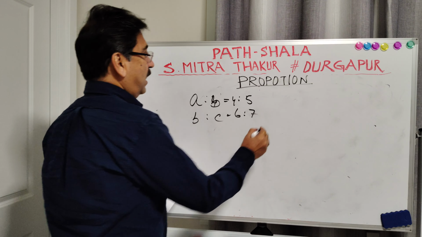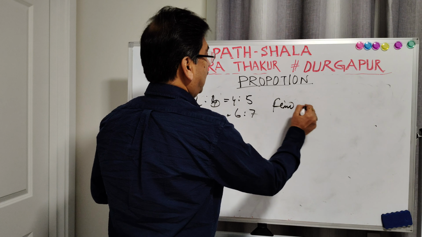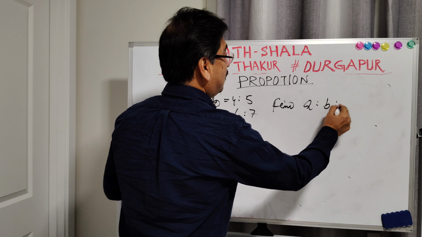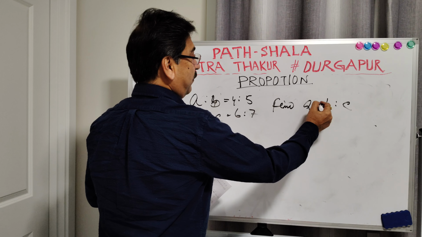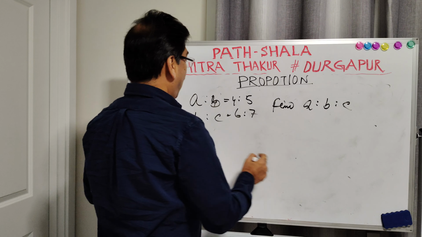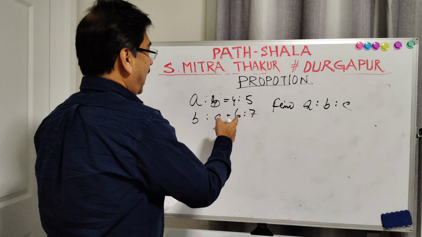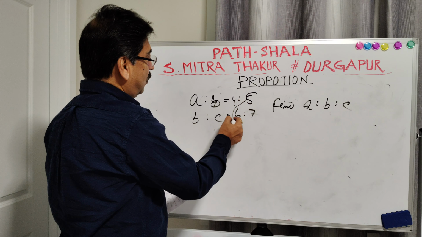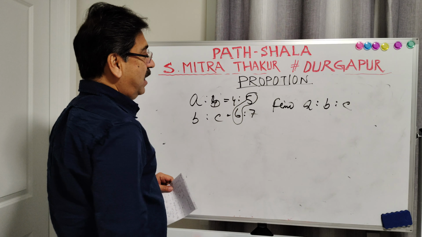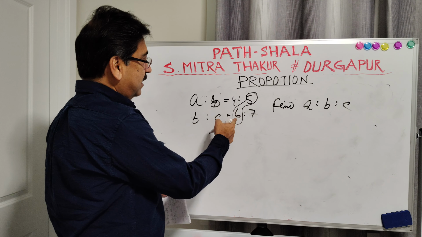Right? Calculate, find A is to B is to C. It is not A is to C, it is A is to B is to C. In this case, you have to make the LCM so that these two values of B will be the same. There is a 5, there is a 6.